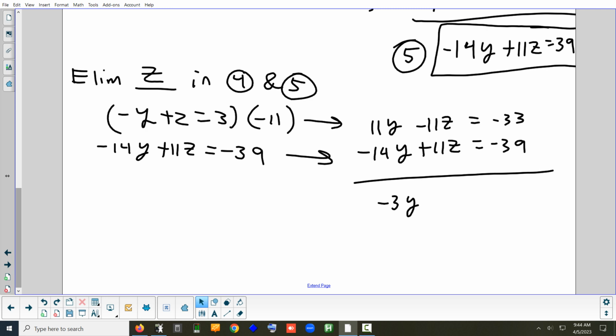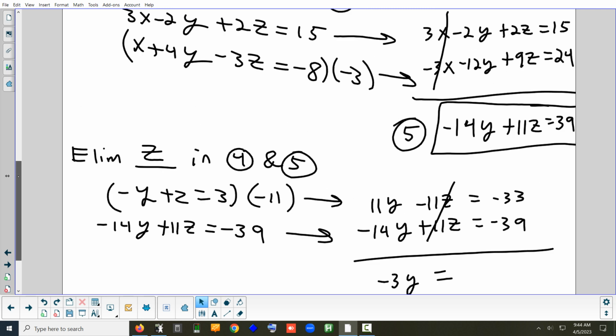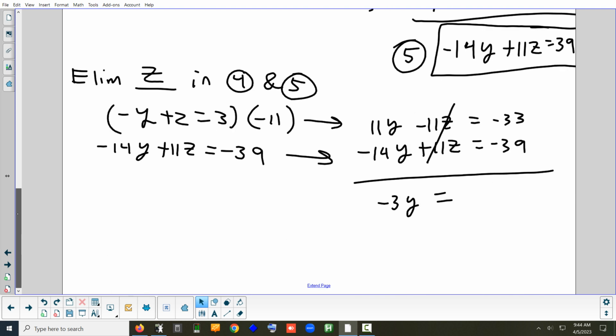What's -11z plus 11z? It's gone. And what's -33 minus 39? Let me just check something. Okay, yeah, what's -33 minus 39? -72.